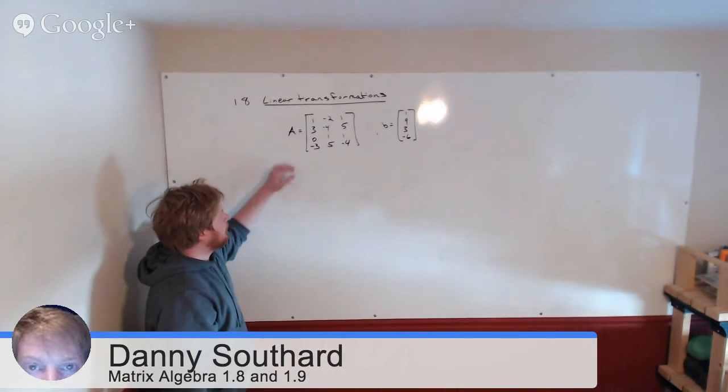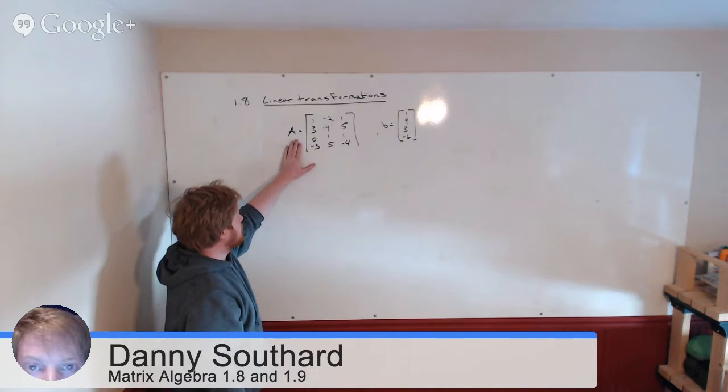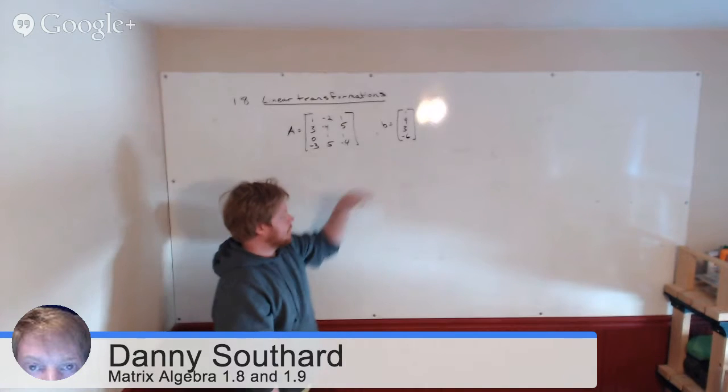So what is the value of x under the matrix transformation Ax that will give me b?